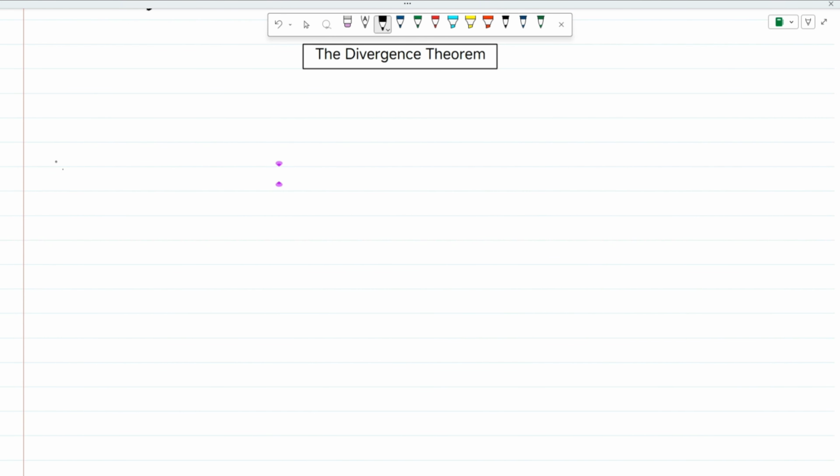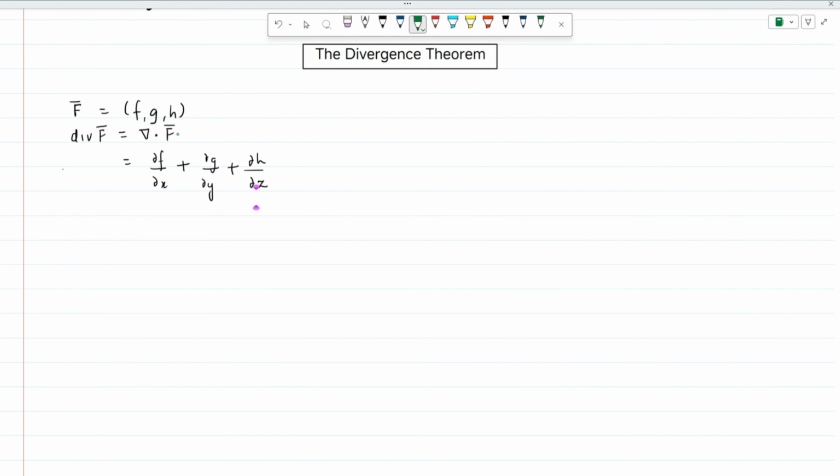Before we move forward, let us see how to evaluate the divergence of a vector field F. Suppose vector field F has components F, G and H, then the divergence of F, also denoted as grad dot F, is evaluated as the partial derivative of F with respect to x plus the partial derivative of G with respect to y plus the partial derivative of H with respect to z.